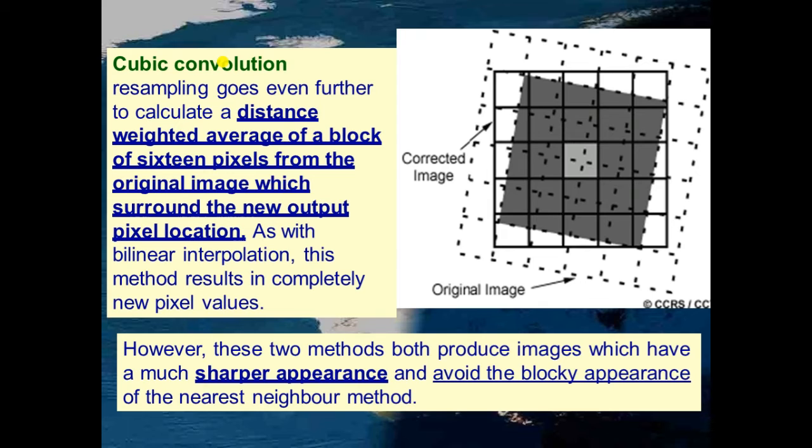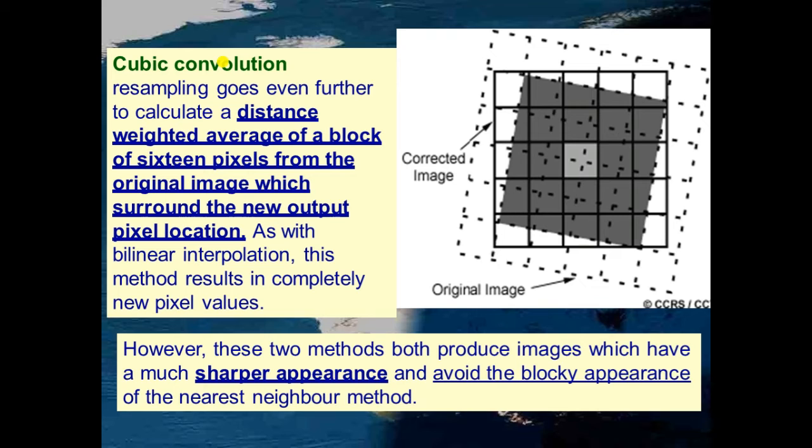The next method is cubic convolution. This resampling goes even further to calculate a distance weighted average of a block of 16 pixels from the original image which surround the new output pixel location. As with bilinear interpolation, this method results in completely new pixel values.